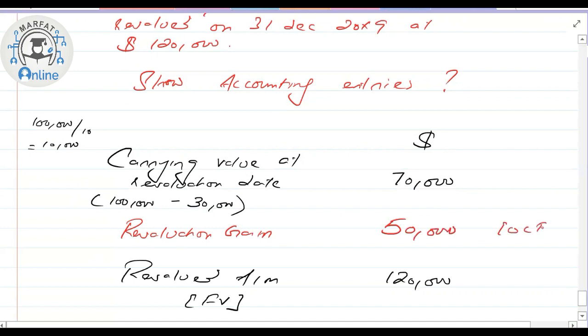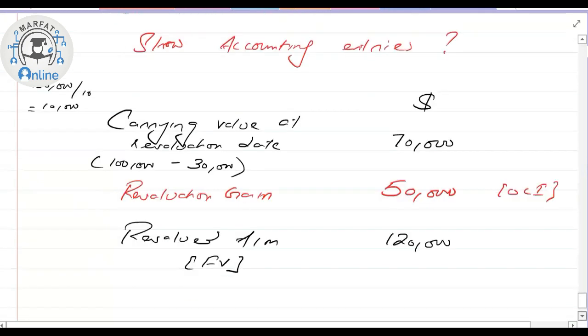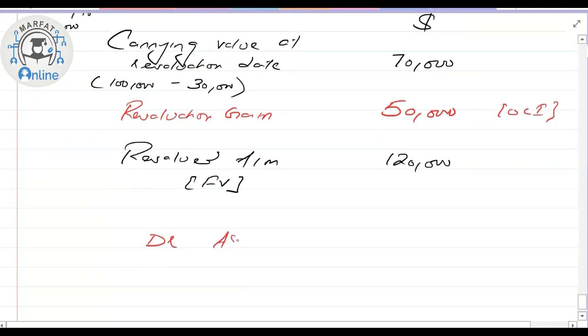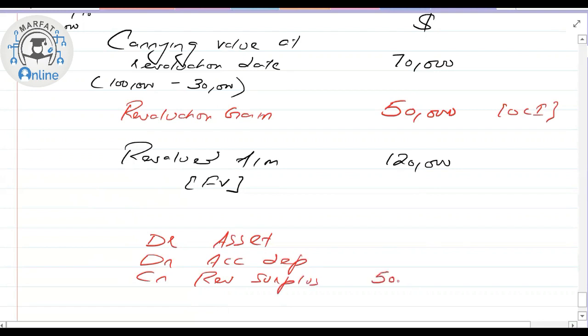And this will be recorded in other comprehensive income and the revaluation surplus. Now what is the double entry? I told you: debit asset, debit accumulated depreciation, credit revaluation surplus. So revaluation surplus will be credited by 50,000 because this is the gain.